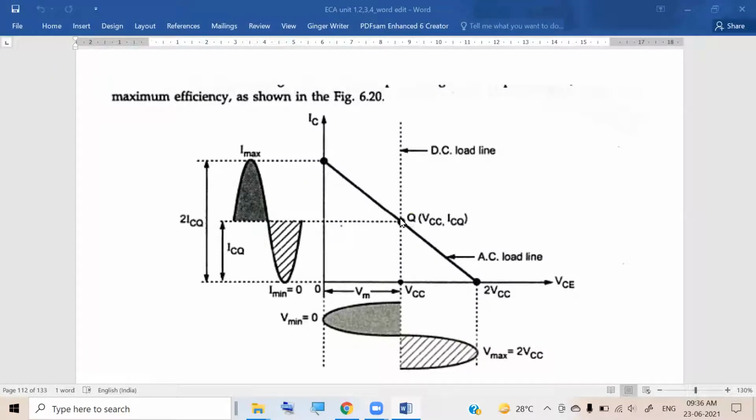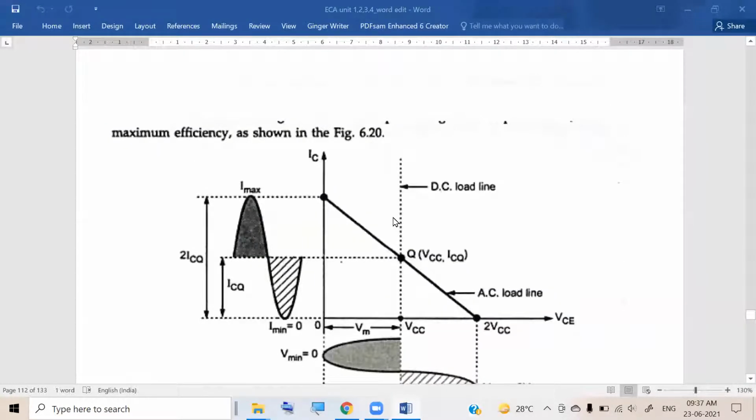Now the signal swing will happen along this line, but because the signal swing is AC, the AC resistance will come into the picture. Here the DC resistance was 0, but now we are dealing with an AC signal. The AC resistance will come into the picture, which is RL dash.